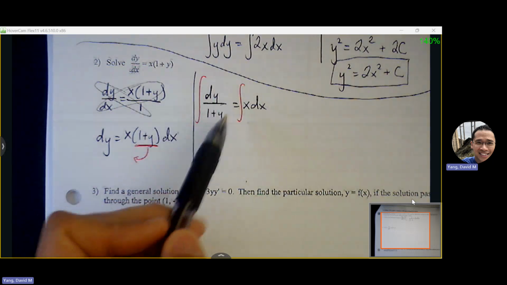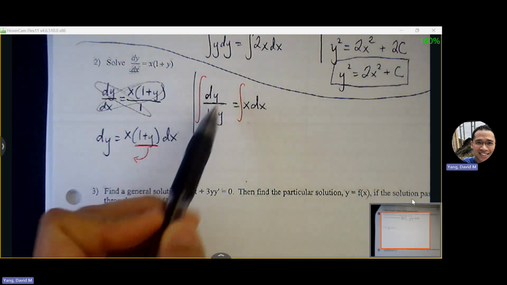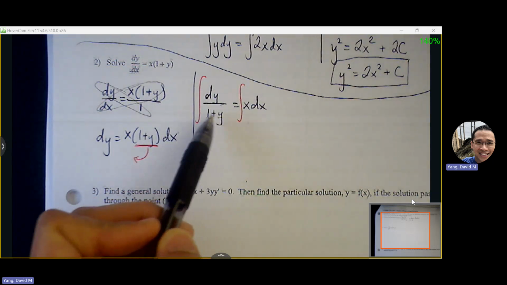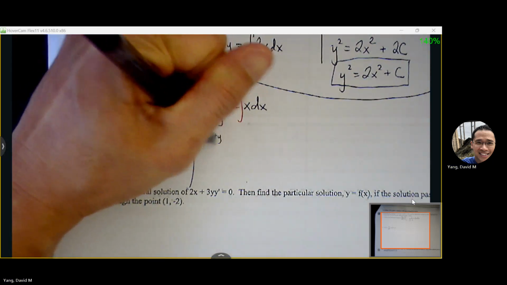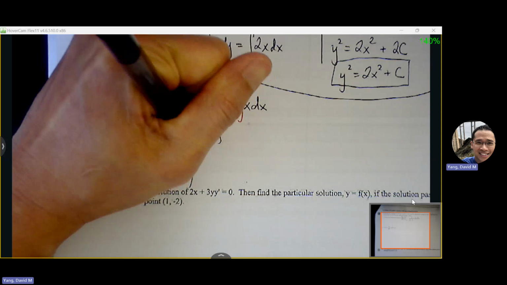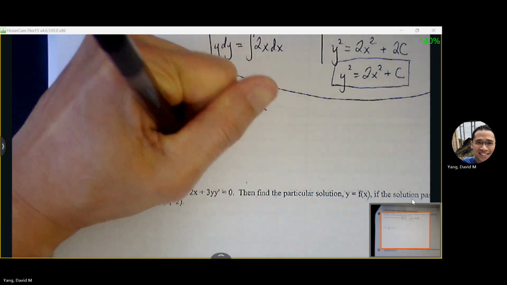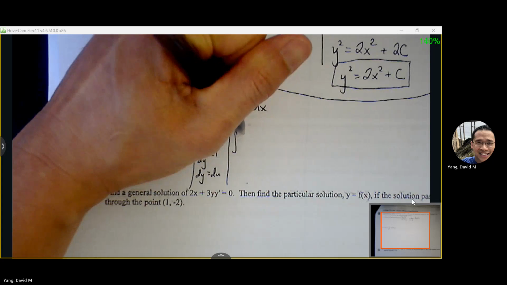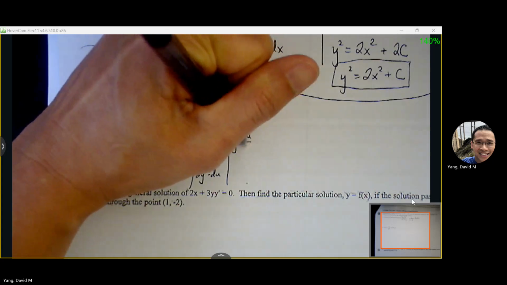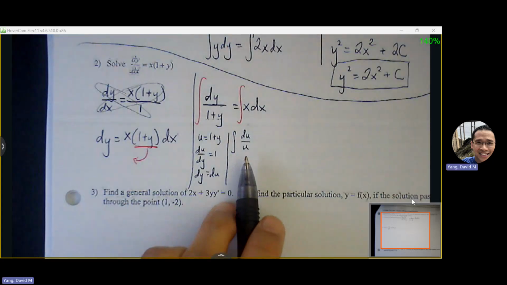This is basically a small little u substitution problem. Your u value is the 1 + y. I make my substitution.